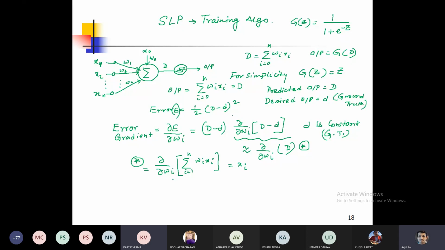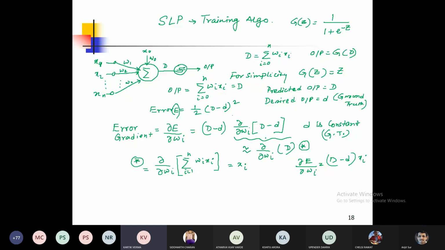So what actually we get, that this energy, that is error, so it's not energy, this is error gradient, is basically d minus d times xi.